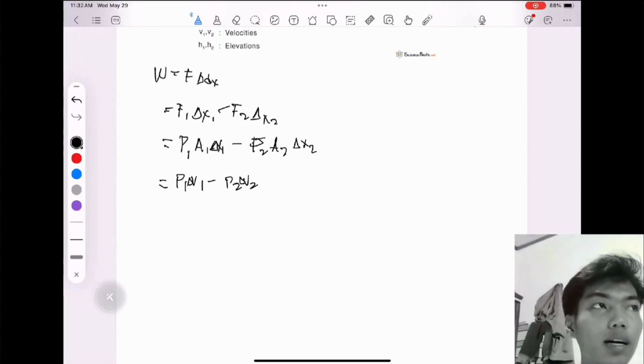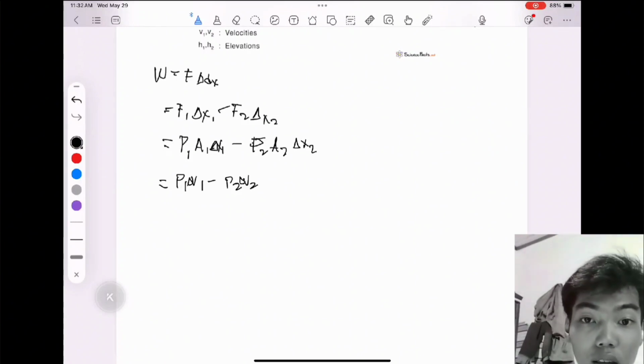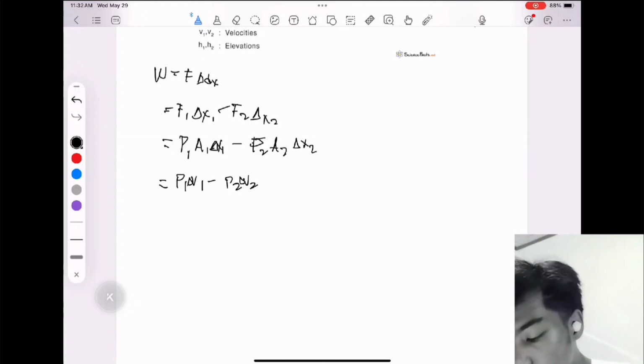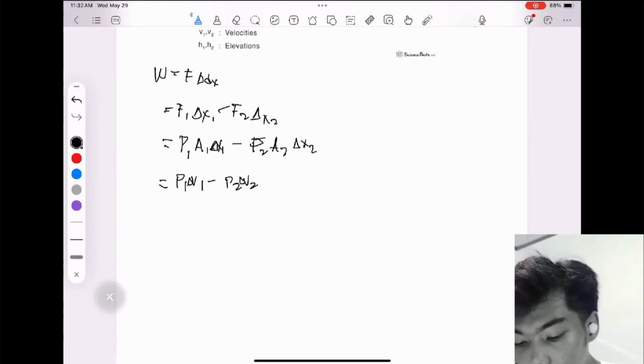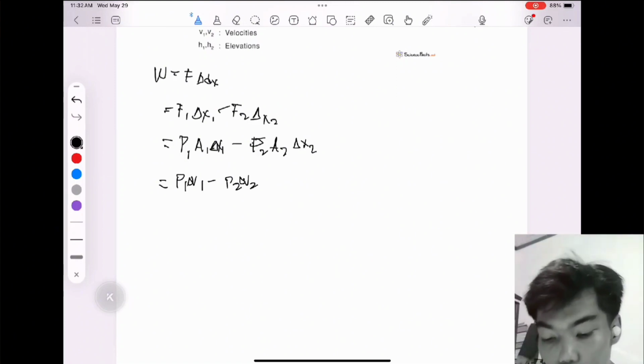Next, ano pa ba ang mga kailangan natin? Since meron tayong involved na velocity, ibig sabihin meron tayong kinetic energy. Ngayon, solving for kinetic energy, KE, naalala natin, ang formula niya is 1/2 mass times velocity squared.